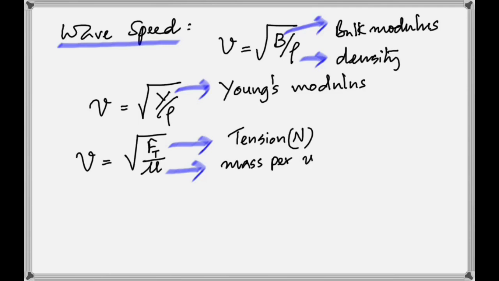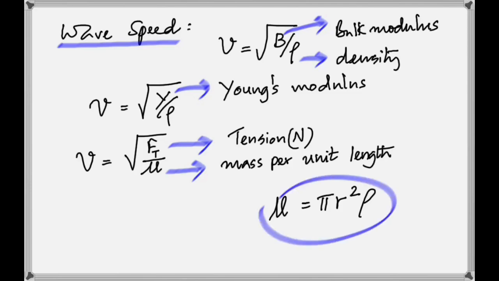And mu can also be found out using the formula mu is equal to pi r squared rho, where r is the radius of the string and rho is its density. So remember that mu is the mass of 1 meter of the string, and it can also be found out using this formula.